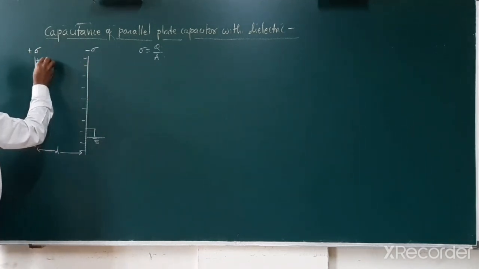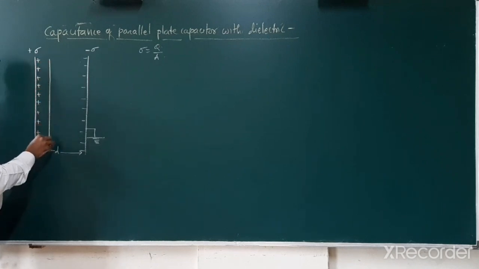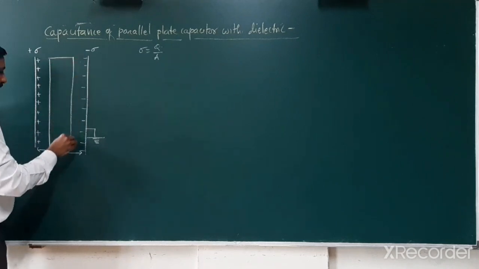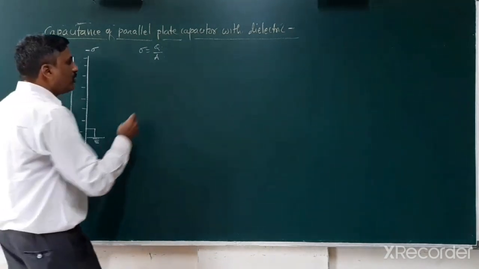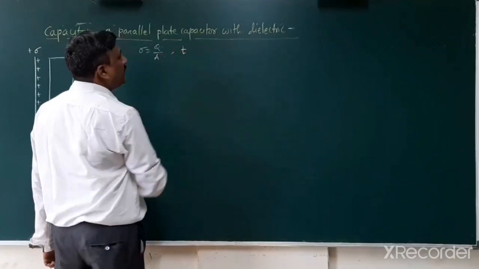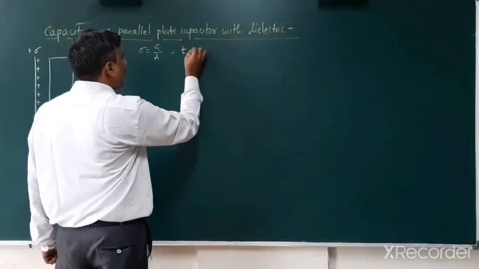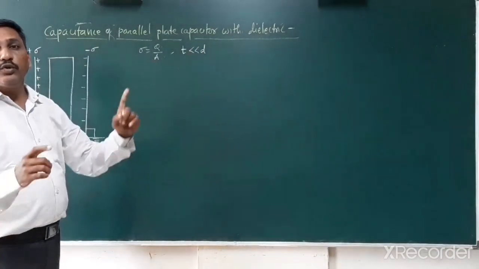Between the two plates we place one slab of another material whose thickness is T. Notice that T, the thickness of this slab, is very, very small as compared to the distance between the two plates.